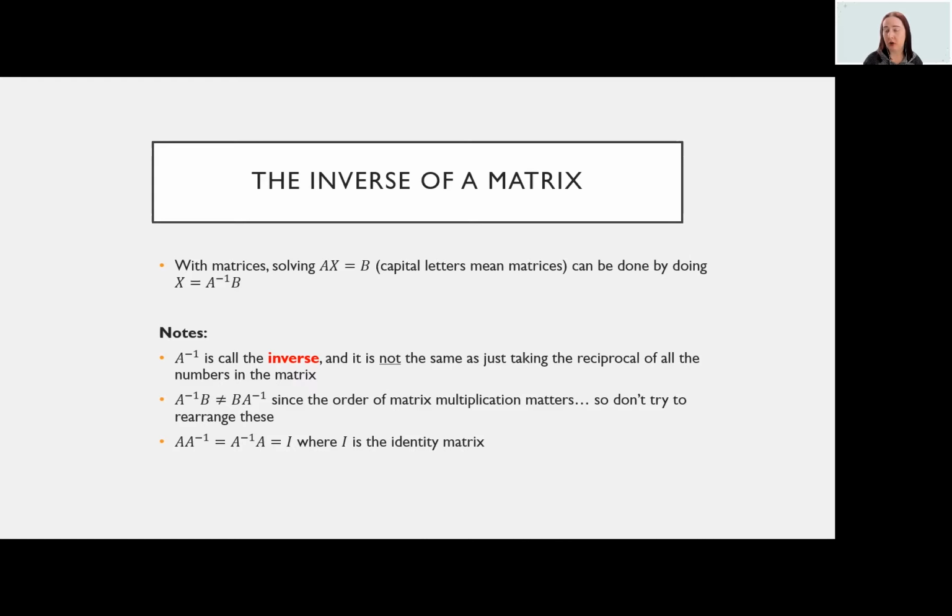So instead of doing your row reduction and your Gaussian elimination stuff, you can instead do this method. And that A to the negative 1 is what we call the inverse matrix.